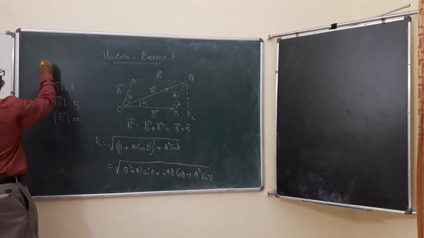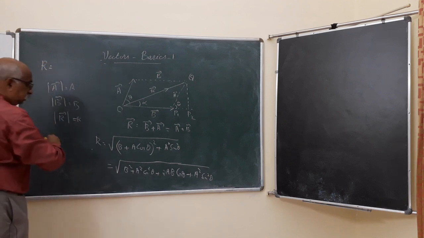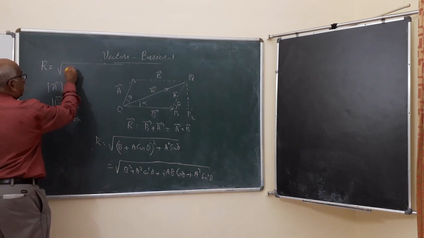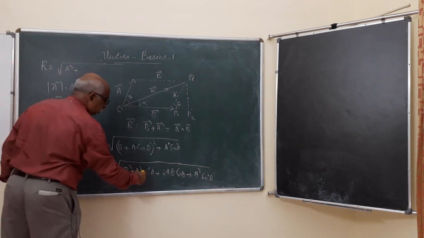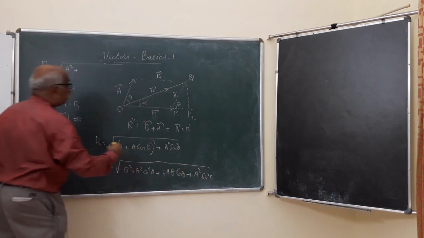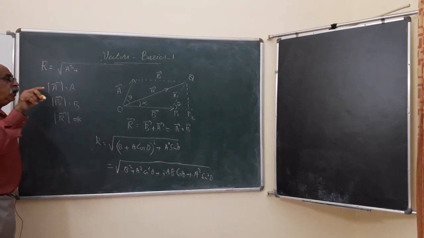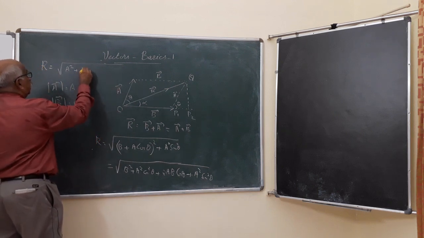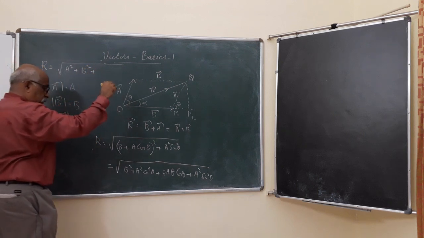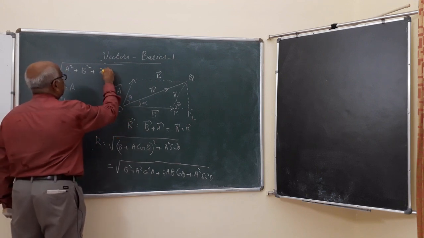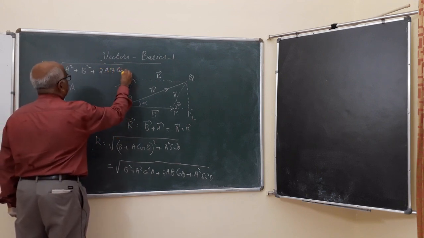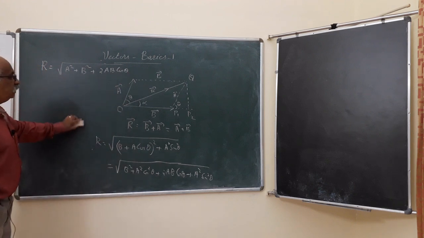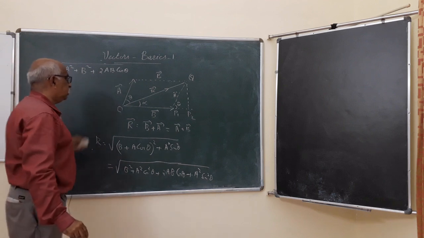Or R, the magnitude of the resultant, is given by square root of B square plus A square cos square theta plus A square sin square theta, which is A square multiplied by sin square theta plus cos square theta, that is 1. So R is equal to square root of A square plus B square plus 2AB cos theta.